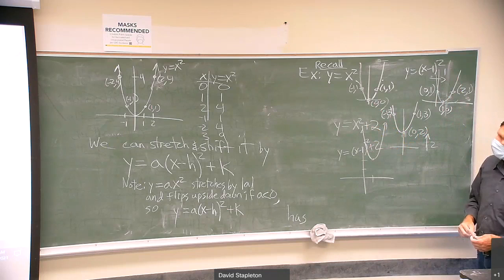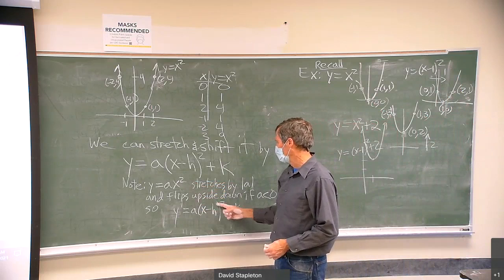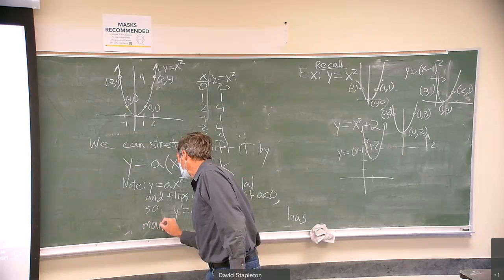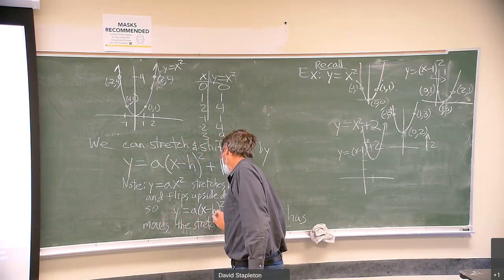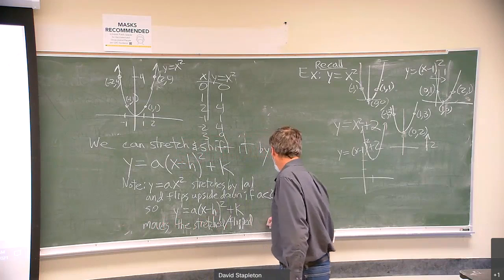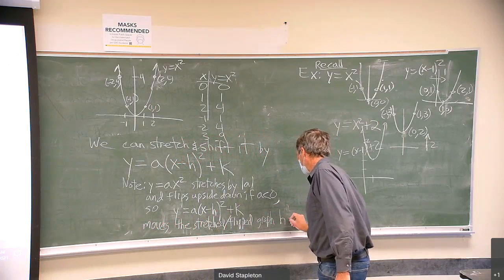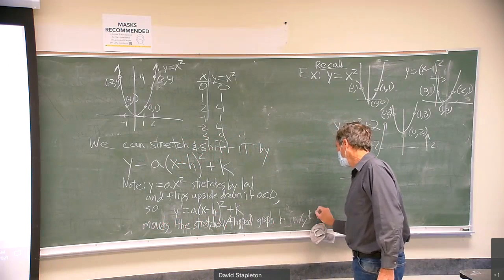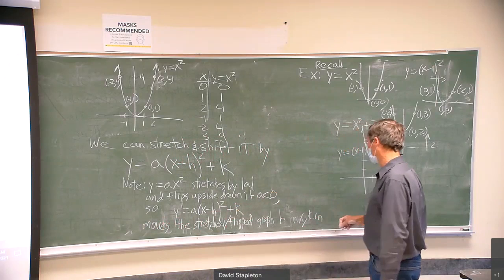And the point is, if you've already stretched the thing and then you put x minus h instead of x, and you add k at the end, this moves the stretched and/or flipped graph h units in x, to the left if h is negative, and k in y, because you just added k to every y coordinate, and you replaced x by x minus h, moving it over h units.